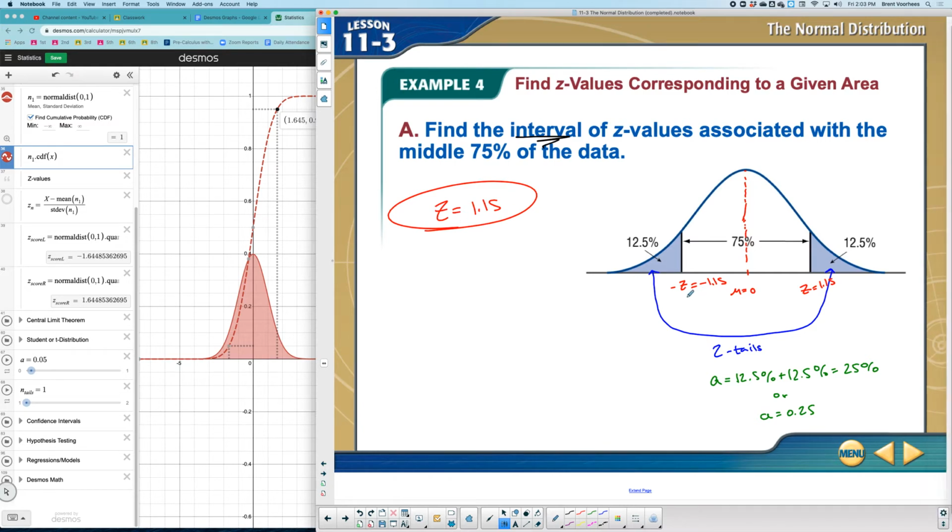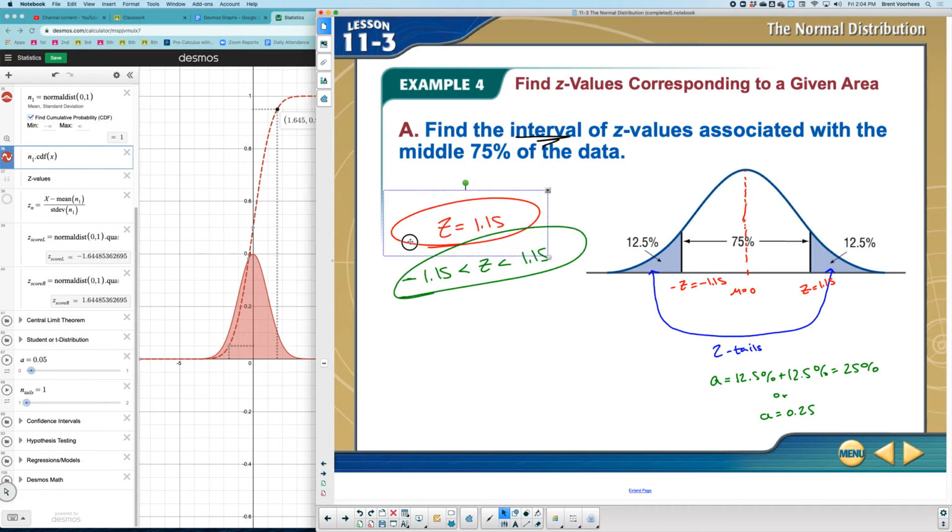That means my z's need to occur between negative 1.15 and 1.15. And so I'm actually going to write this answer as negative 1.15 is less than z, which is less than 1.15. That's actually the way the answer would need to be written here. I messed up. I'll just have to erase that.